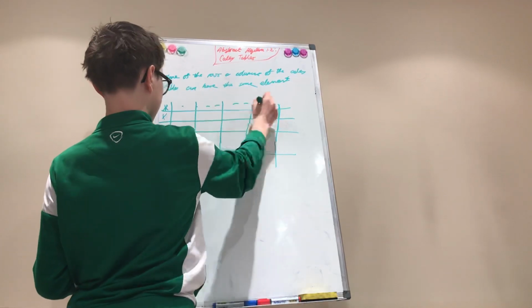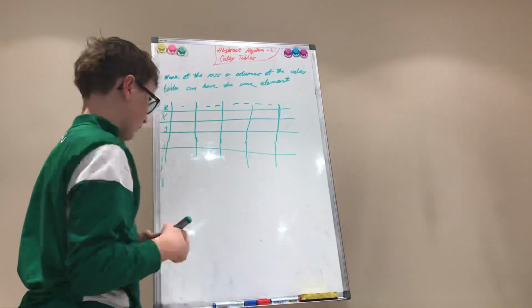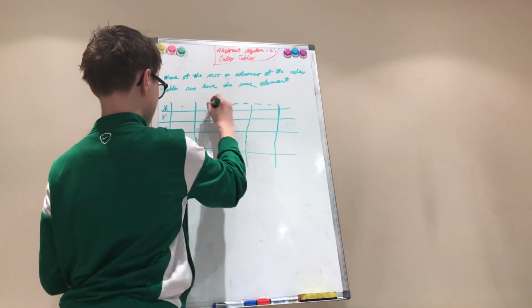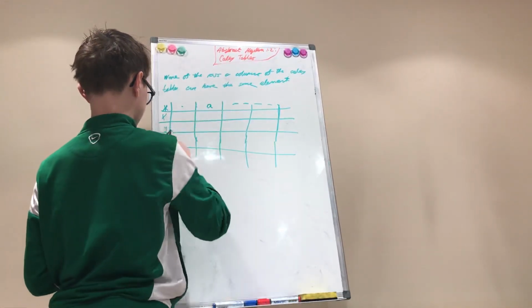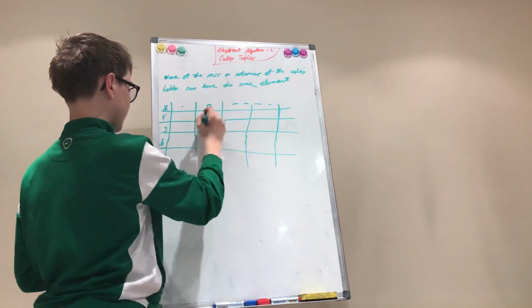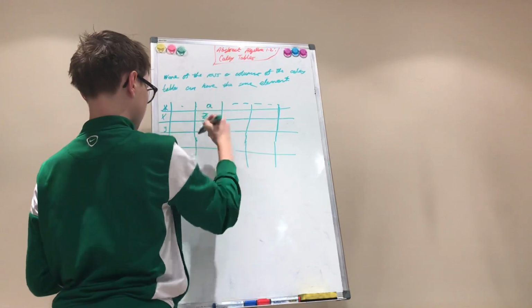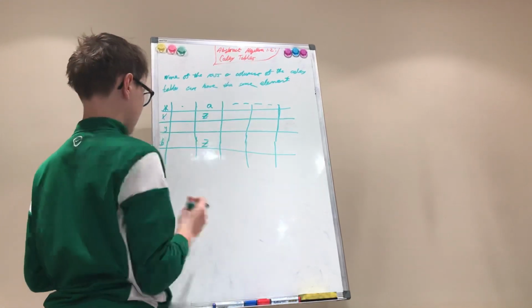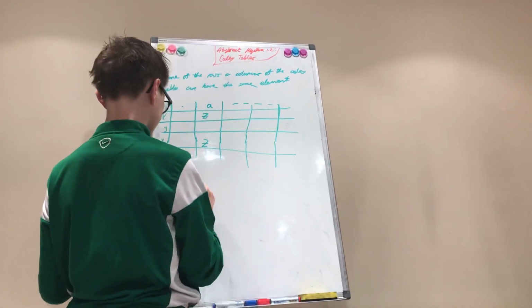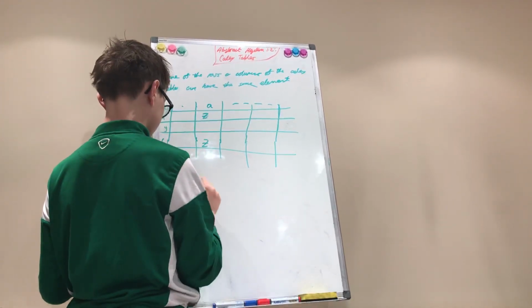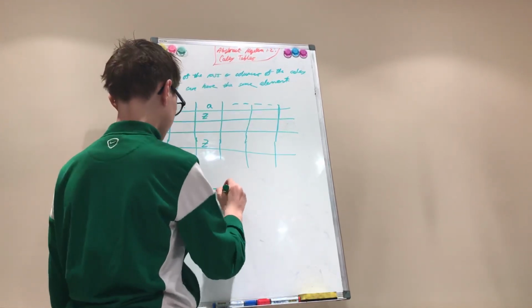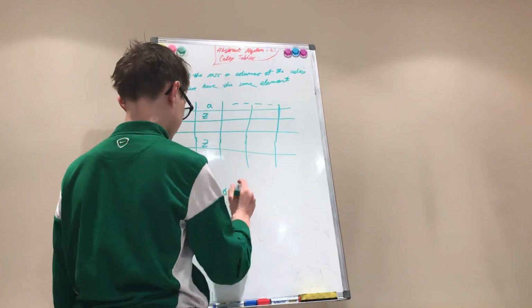Let's call this A. Let's call this B. Now let's assume that Z appears here and here. Or equivalently, X asterisk A equals B asterisk A.